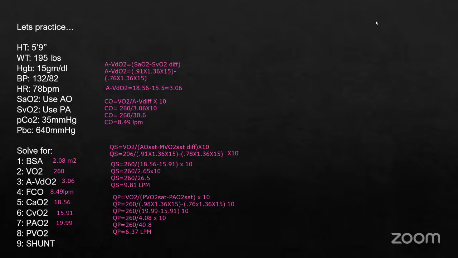So when we resolve for 0.76, it is 15.50.